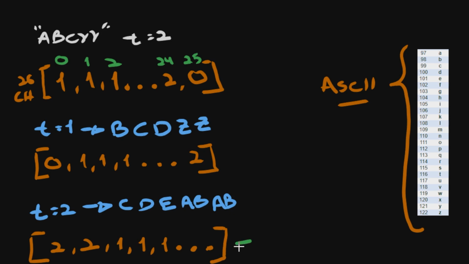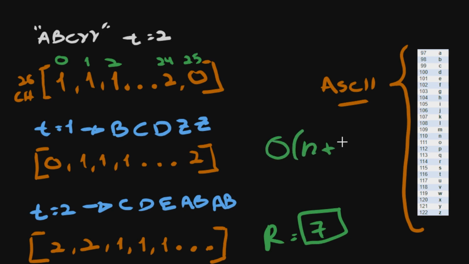So this is the final frequency array, and now all we have to do is to sum the counts in this array. So 2 plus 2 is 4, plus 3 is 7, so the result is 7. This is the entire approach for this problem. Time complexity will be big O of n plus t, and space complexity will be big O of 1.